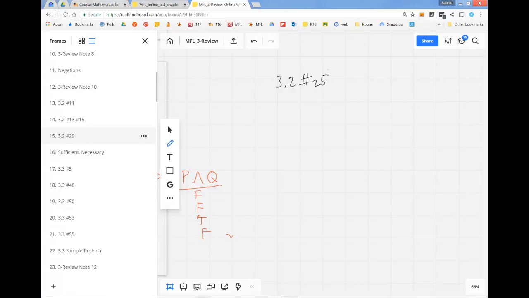So write the statement. So first of all, number 25, I go to college or I join the Army, but not both. So I know that but is now an and, but I'm not sure how to do it. Okay, yeah. This is the one thing that the book is a little bit off with.